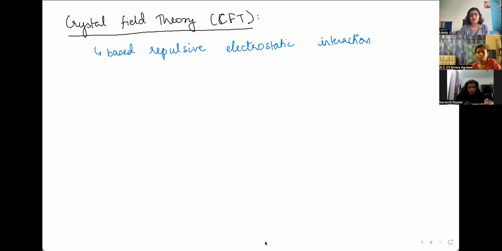All right. So to get into crystal field theory, where are these electrostatic interactions based on? We need to get back to the metal atom. That means we'll have to look at the structure of that atom itself. Do you remember how the d orbitals are arranged?